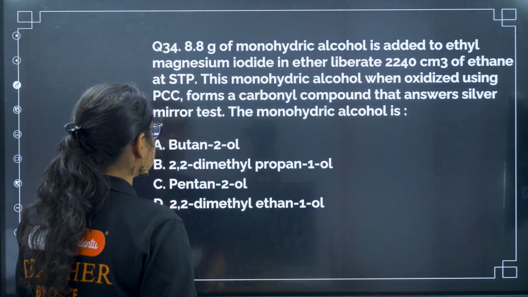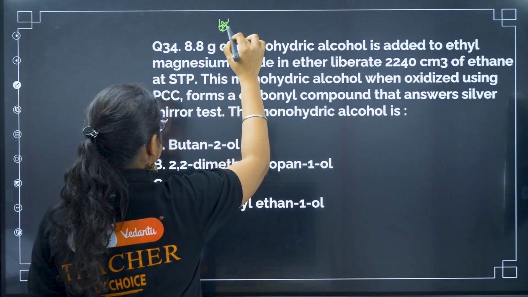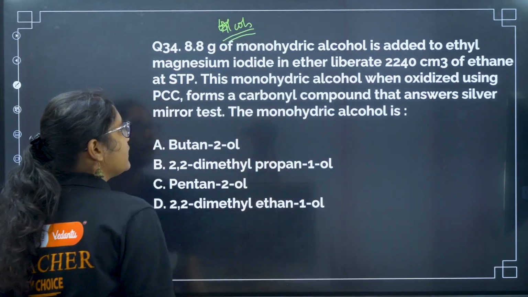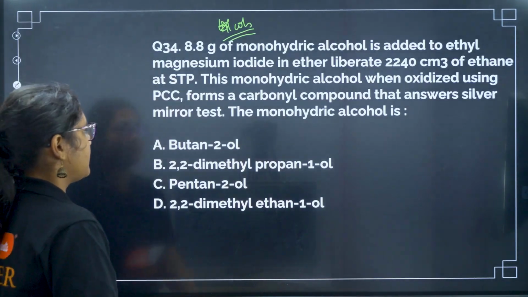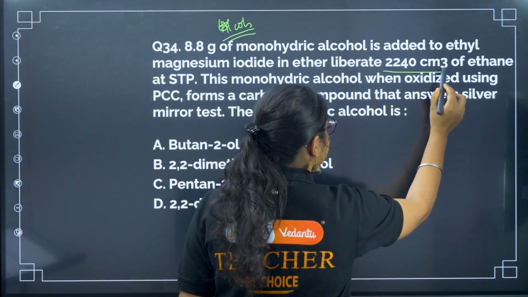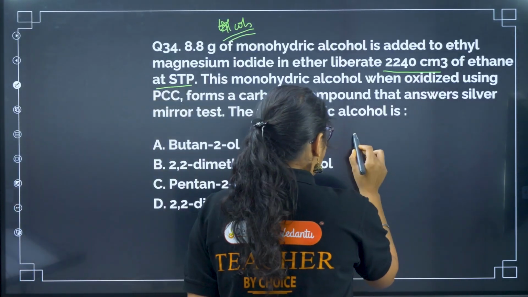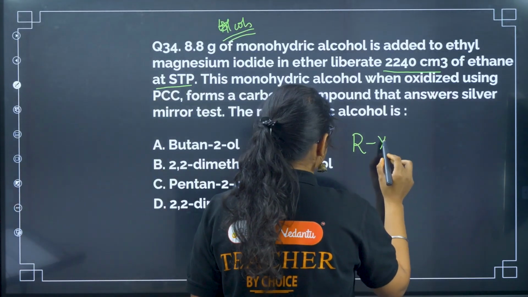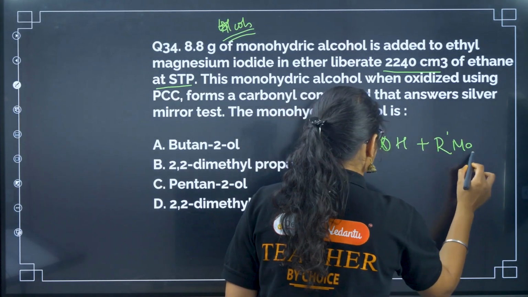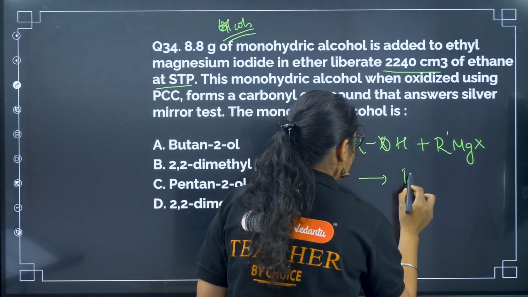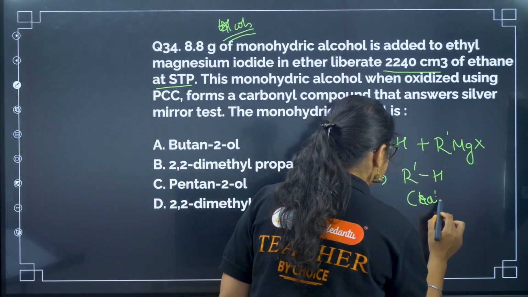Next one. This is a little difficult, or rather little easy, good question from the alcohols chapter. So 8.8 gram of monohydric alcohol is added to ethyl magnesium iodide in ether and liberates 2240 cm cube of ethane at STP. So what is this saying? Whenever you react any ROH plus R dash MgX, it will give you R dash H, the alkane produced.